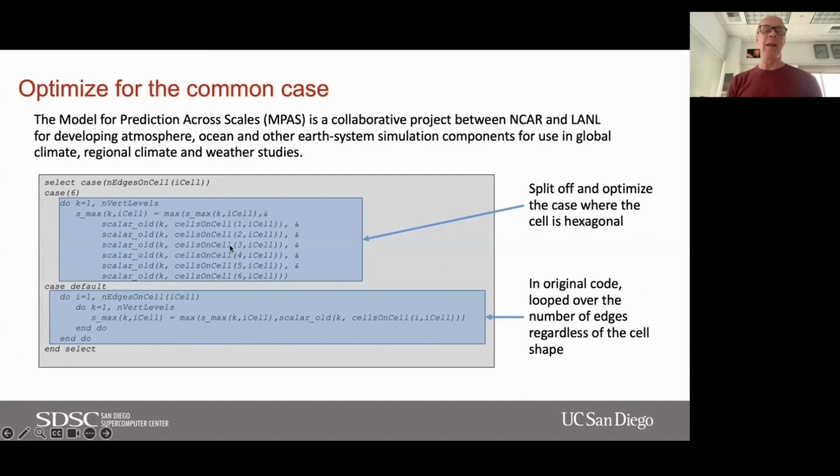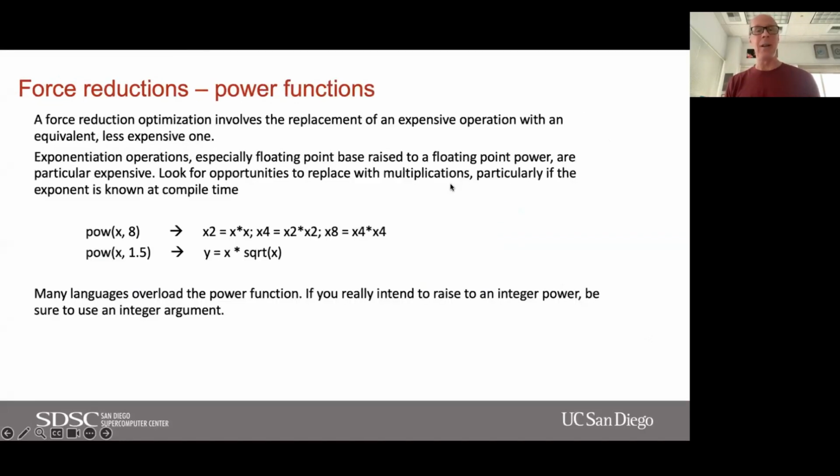And here we were able to get a more optimal chunk of code, again in this really key kernel, which led to, I think, about a 25-30% speed up of this kernel and overall impact on the entire application.